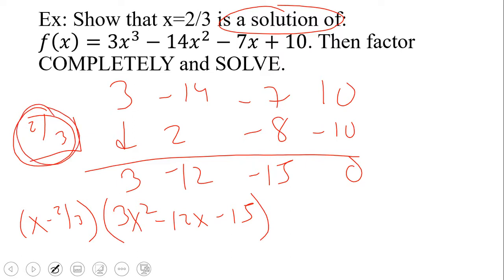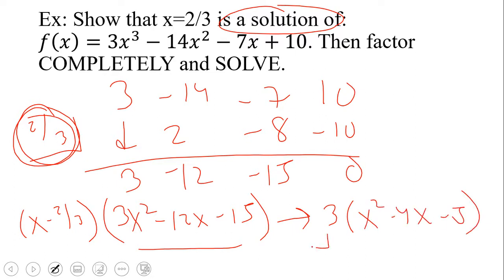Whenever there's a fraction involved, whatever you're left with as your quotient is going to have a common factor, which in this case is 3. If you pull that 3 out, you can join it up with what you originally had to clean it up and make it all integers. So this common factor of 3, I'm going to multiply it by x minus 2/3. That's going to give me 3x minus 2.